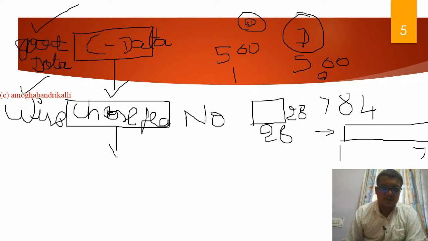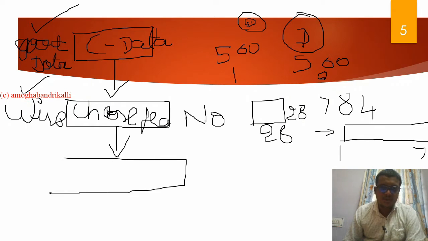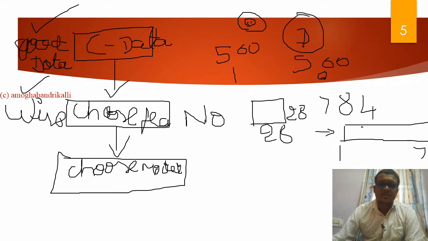After doing this, you need to choose a model. If it is a binary decision, you need to go for classifiers.